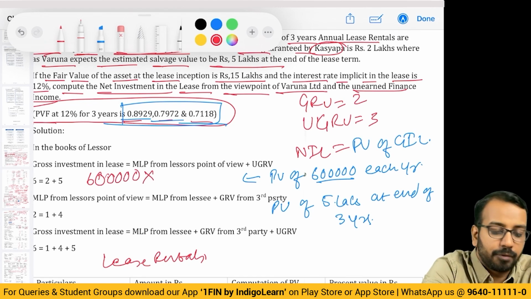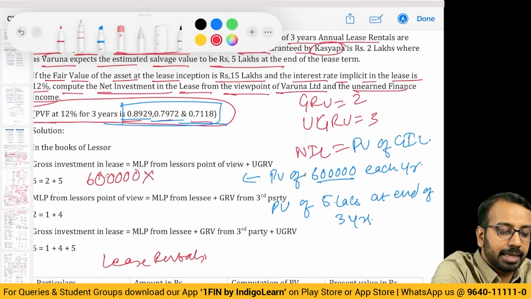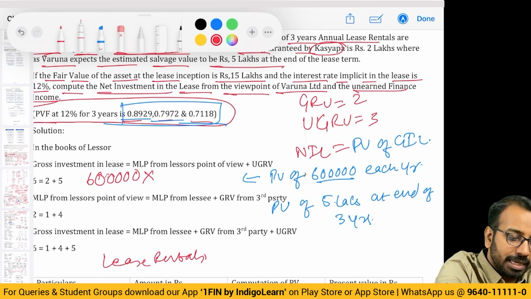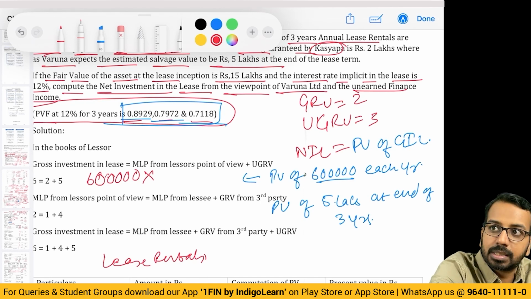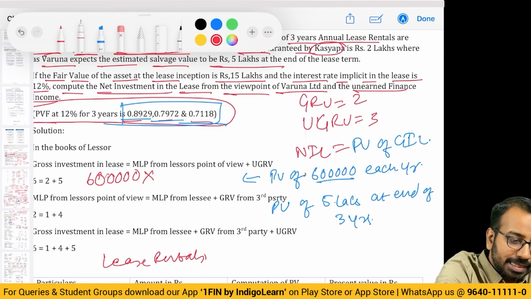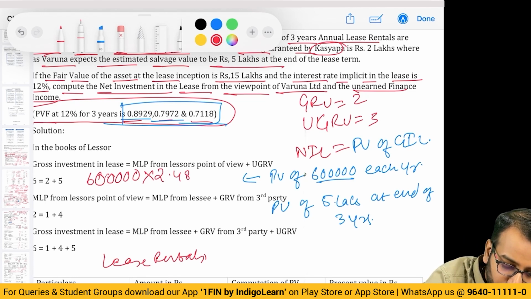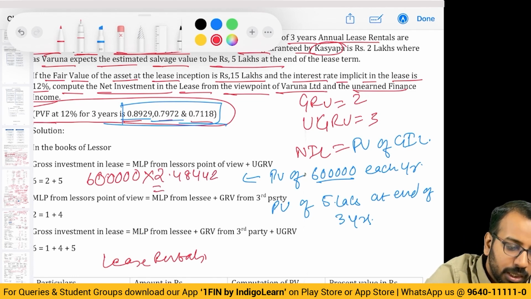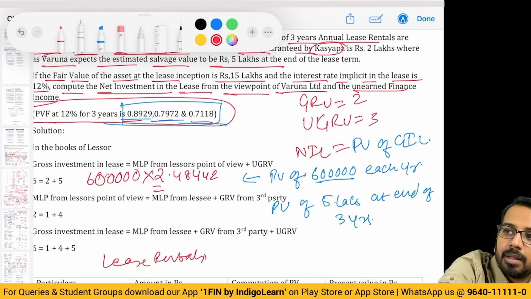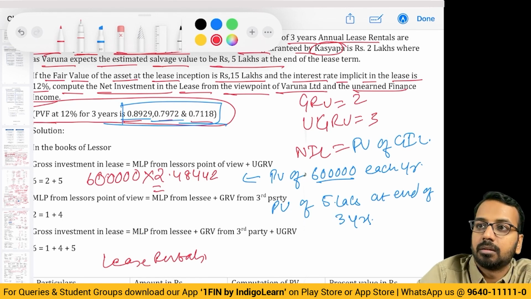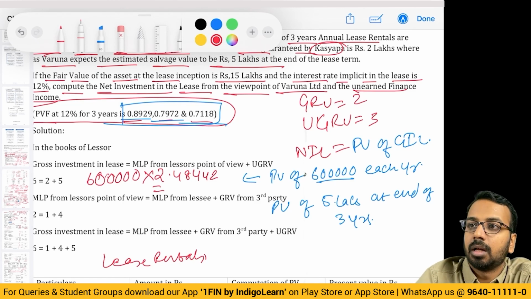So this number becomes 6 lakhs multiplied by the total: 0.8929 plus 0.7972 plus 0.7118. So that is 2.48442. If I do the total and multiply this, 2.48442 multiplied by 6 lakhs, I get 1490.